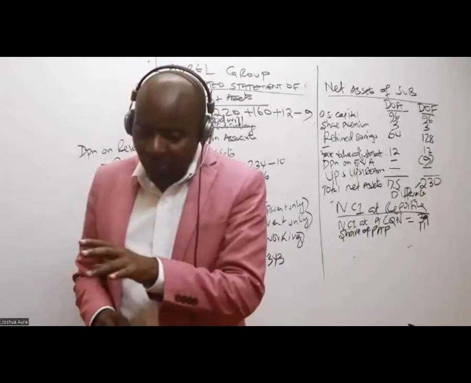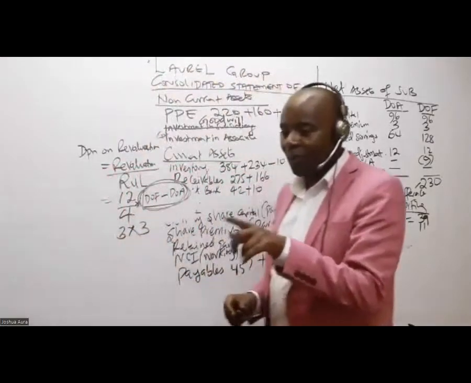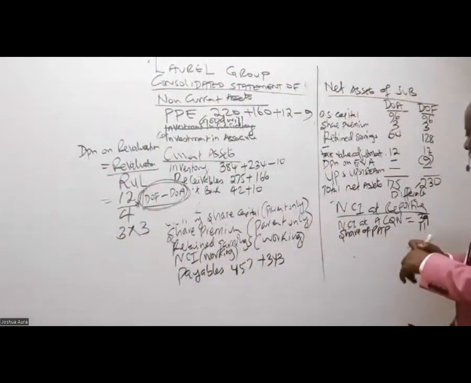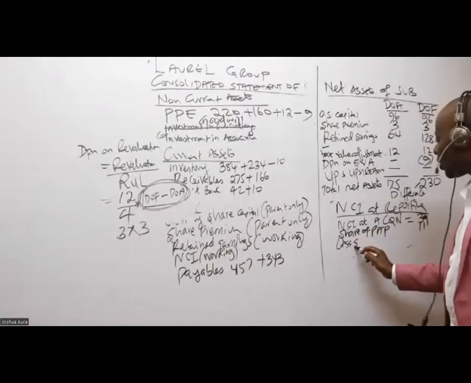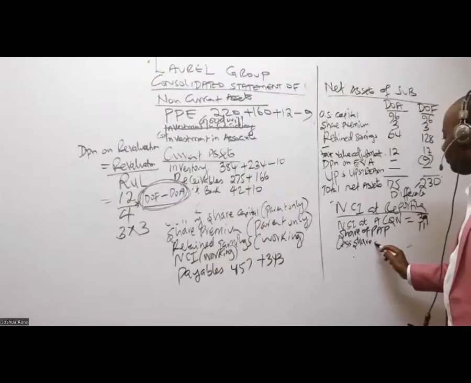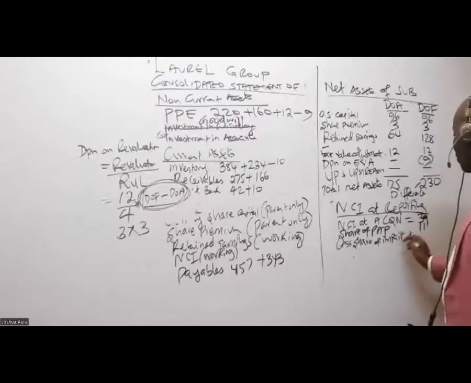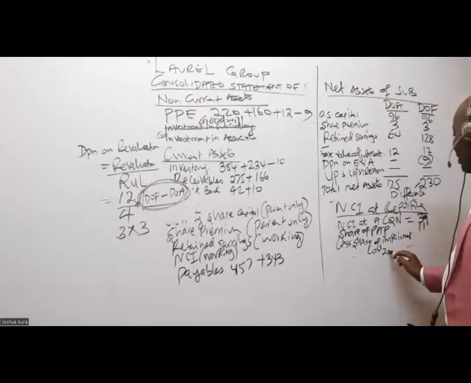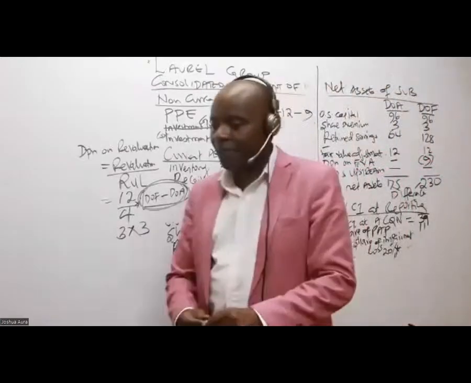You must be a very bright student. So in this case, we come under less share of impairment loss. Remember, these guys' percentage is 20%. Unfortunately, we are given the impairment loss.